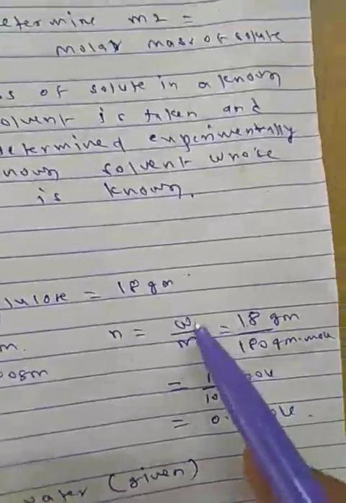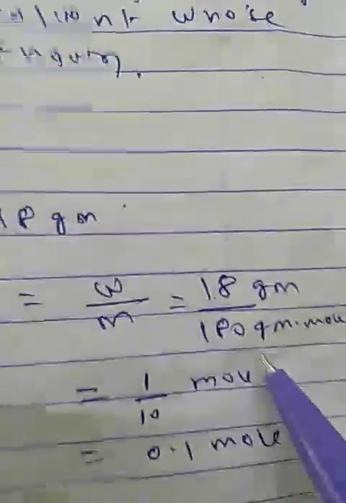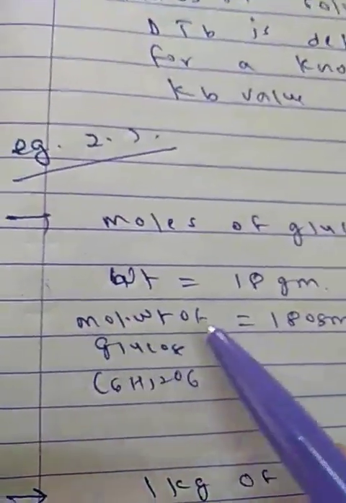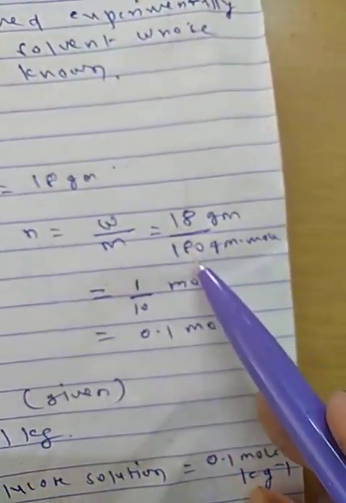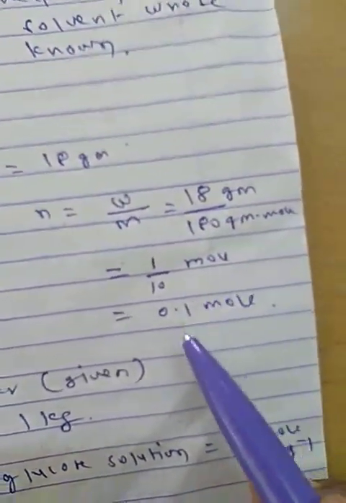Number of moles is equal to W upon M, where weight is given 18 gram. Molecular weight of glucose is 180 gram. We have to find 18 divided by 180, 1 upon 10 mole, which is equal to 0.1 mole.